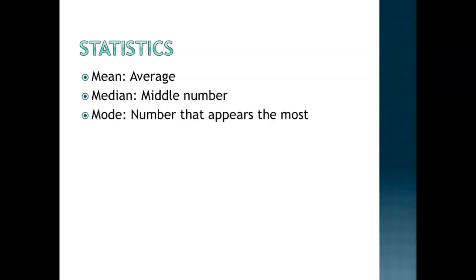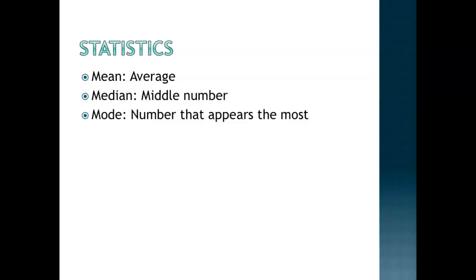The mode is the number that appears the most. So oftentimes with a set of data, some numbers might appear more often than others. Now, if there is a number that shows up 3 times and another number that also shows up 3 times, while everything else only shows up once, then you would say there are 2 modes.